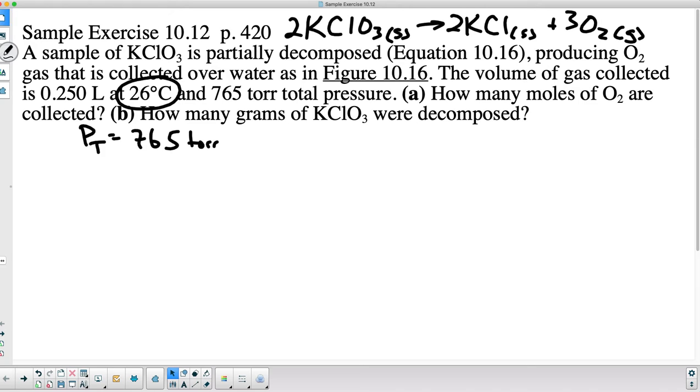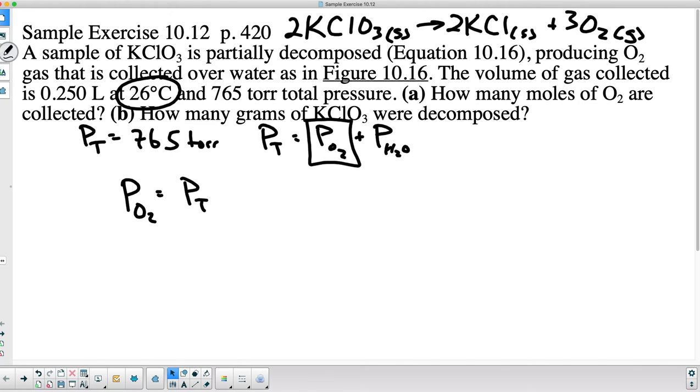So what do I do? Total pressure equals pressure of the gas, which is O2, plus the pressure of water, which is H2O. If I want to know the pressure of O2, because the whole point of this problem is to find the number of moles of O2 that's been collected, then my pressure of O2 equals the total pressure minus the pressure of water.